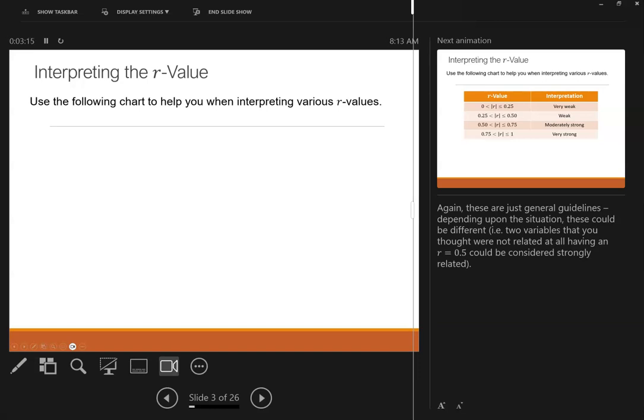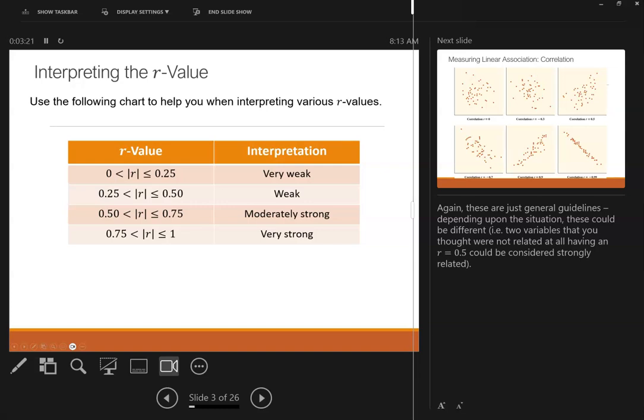So let's set up some guidelines here to help us interpret our R values. If the magnitude of R, so plus or minus, is between 0 and 0.25, we'll call that very weak. Between 0.25 and 0.5, weak. Between 0.5 and 0.75, moderately strong.